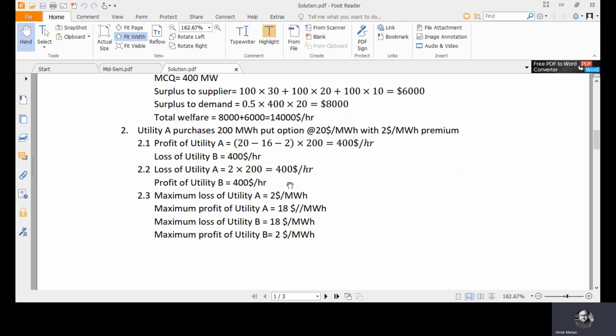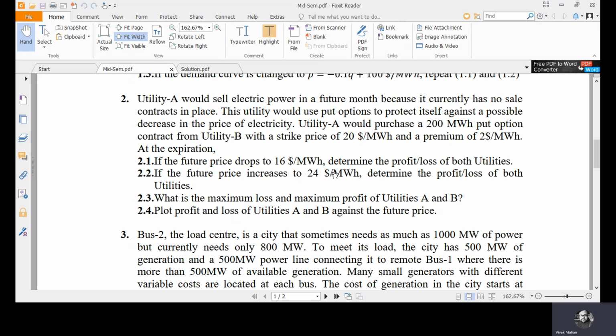Now in the second part of the question, it says that the spot price has increased to $24 per megawatt hour. At $24 per megawatt hour, the holder will not exercise it because selling at spot price is better when compared to selling at the strike price, even though the premium is also considered.